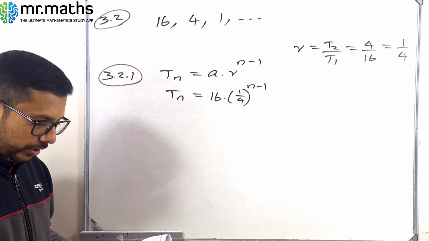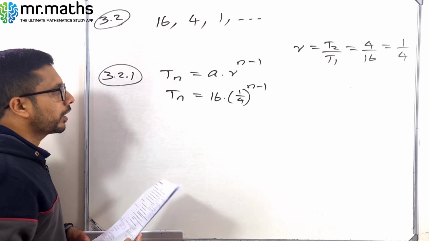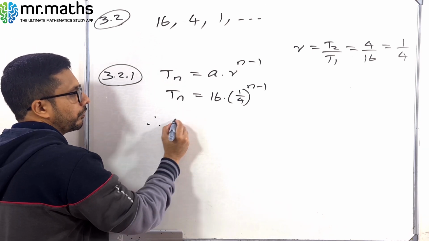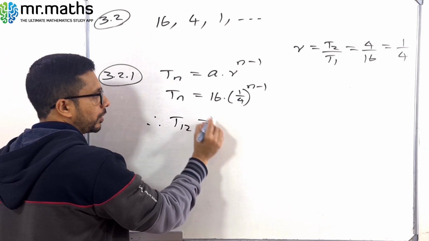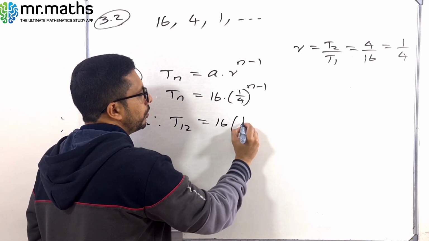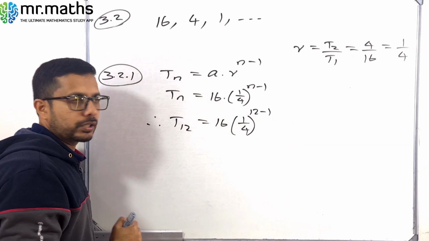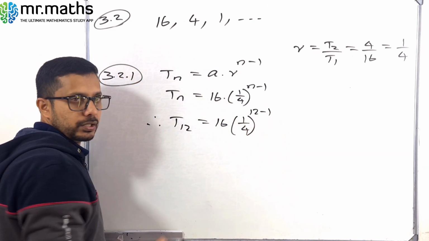So here what is the question? Calculate the value of the 12th term. So how can I find the 12th term? Therefore T12, substitute the value of n as 12. So it is 16 into 1 by 4 raised to 12 minus 1. Here also substitute the value of n as 12.